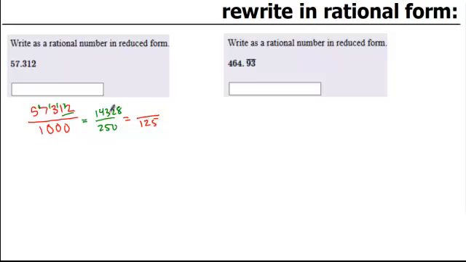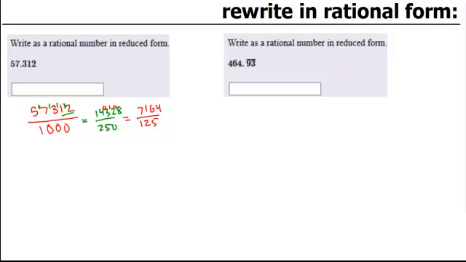Then we divide: 2 goes into 14, 7 with no remainder; 2 goes into 3 once with 1 remaining; goes into 12, 6 with no remainder; and goes into 8, 4. And so you wind up with this number. Are there any common factors between these?